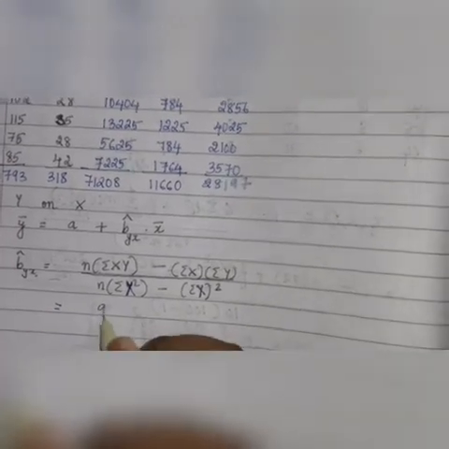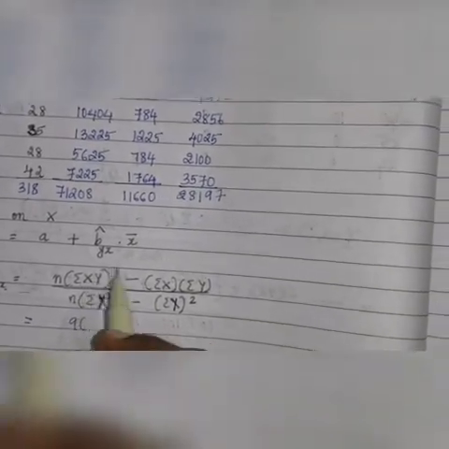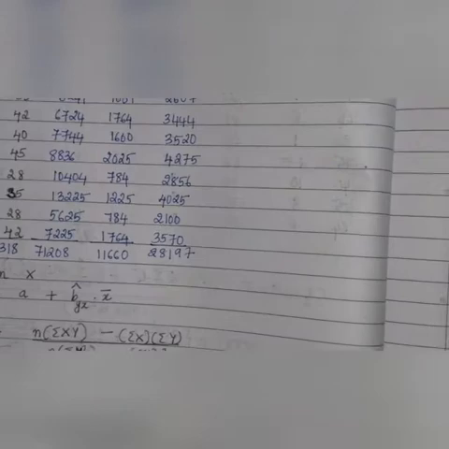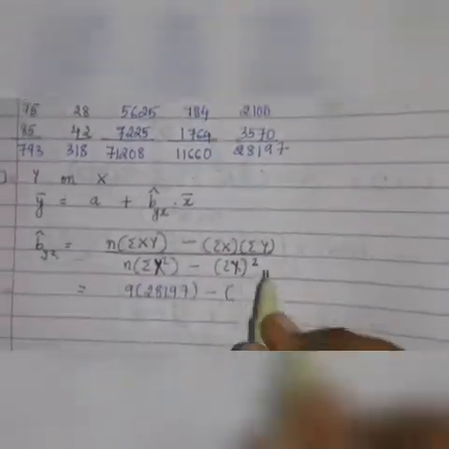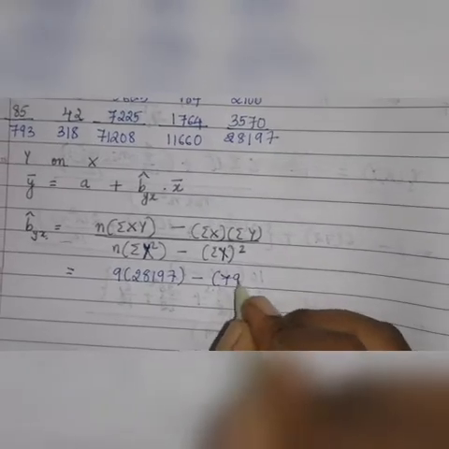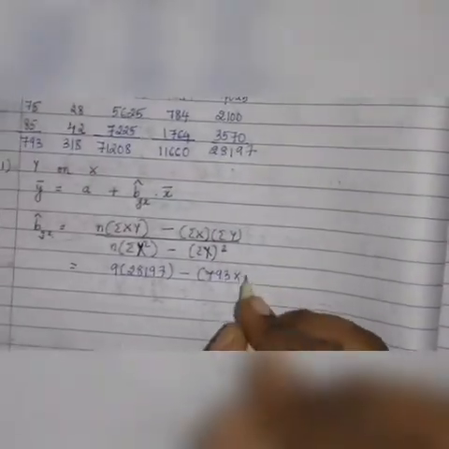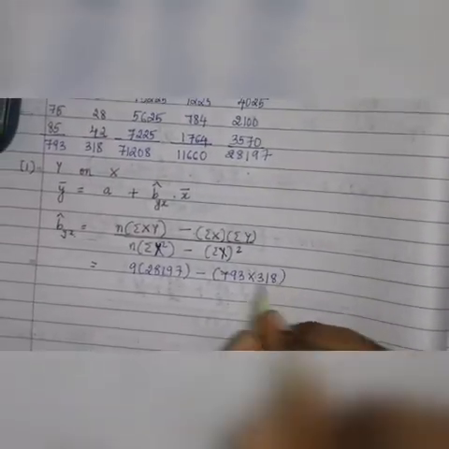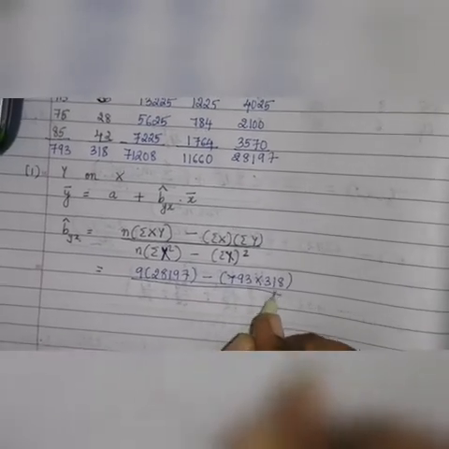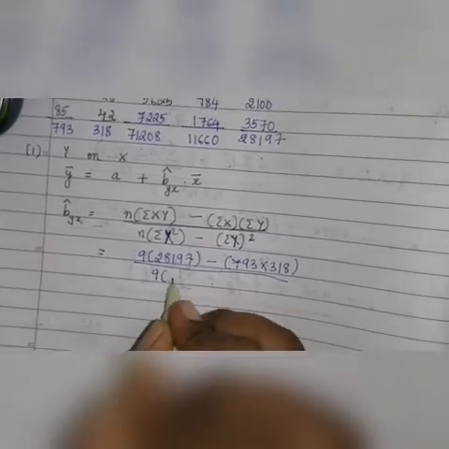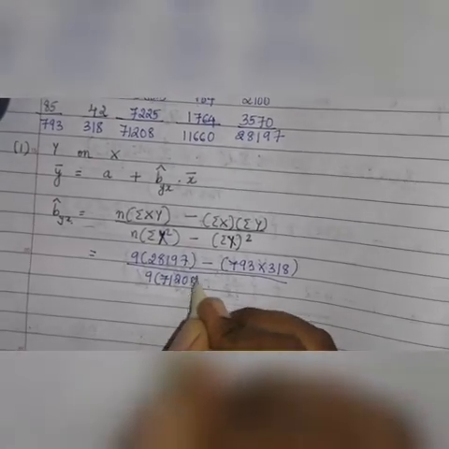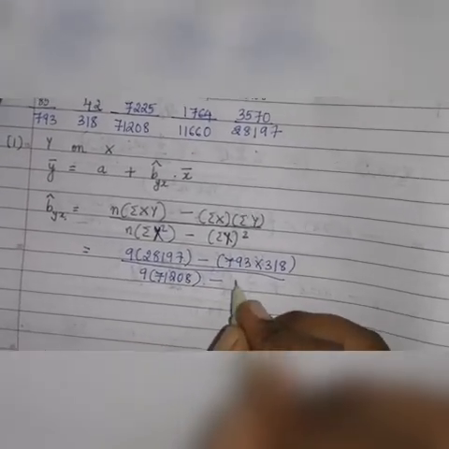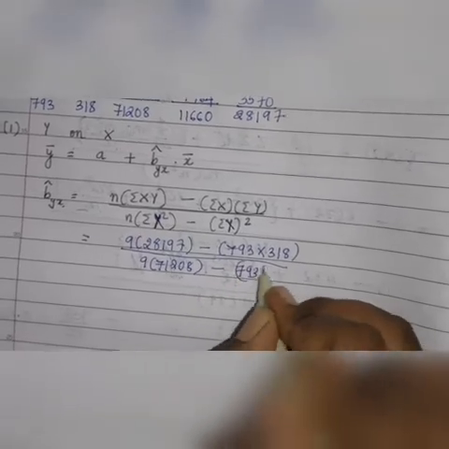So 9 into summation xy. Summation xy is 28197 minus summation x, which is 793, into summation y, which is 318, by 9 into summation x square, which is 71208, minus summation x whole square. This is 793 whole square.